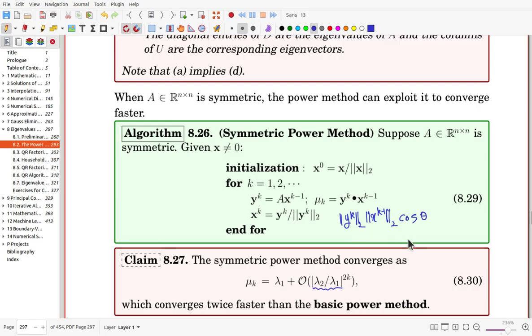This is the well-known formula. Once they are almost the same direction, then cosine theta is almost 1, so that this quantity is almost the same as that one, and that is really the scaling factor.